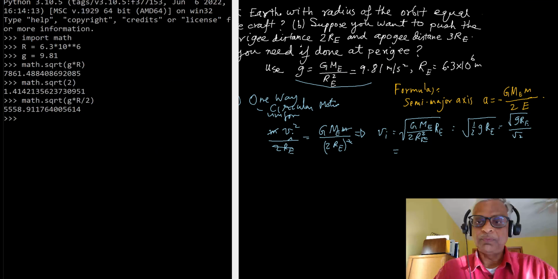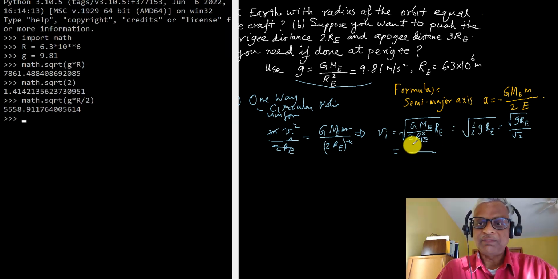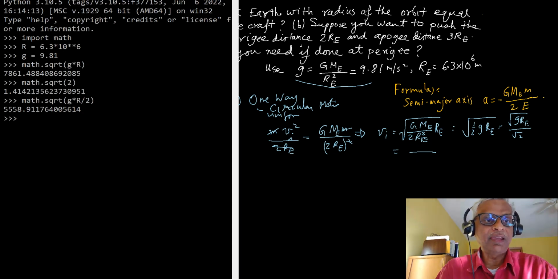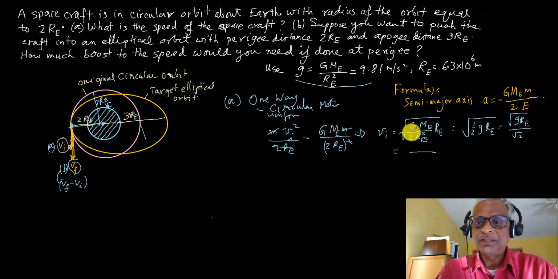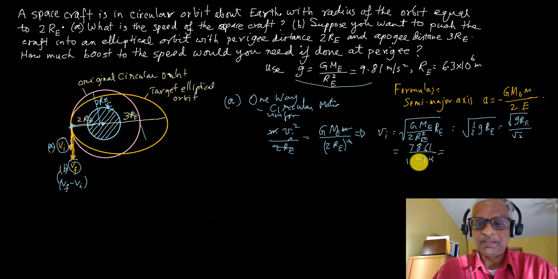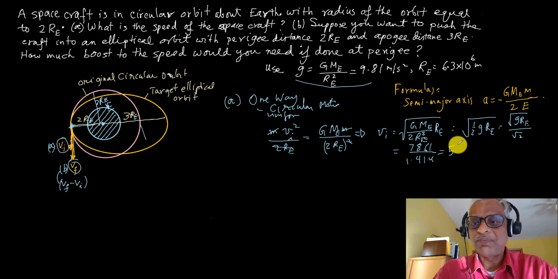Okay, so we have the answer now. The numerator, the square root of G RE, is equal to 7861. Dividing by 1.414, this thing turns out to be 5559 meters per second.